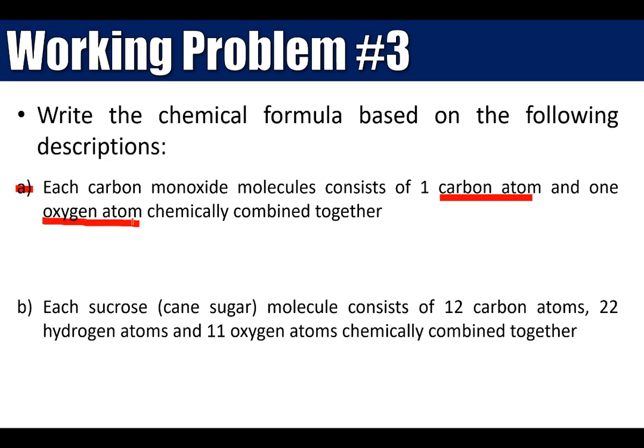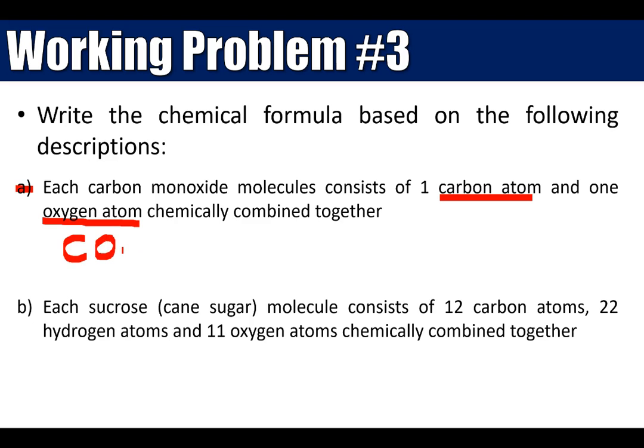You have the carbon atom first, then the oxygen atom. You answer based on that order. Okay, so you have only 1 carbon, so you write a C. Remember, you only leave the 1 out when you only have 1 particular atom. Okay, and how many oxygen atoms? You have only 1, so C and O. Okay, so that is the particular chemical formula.